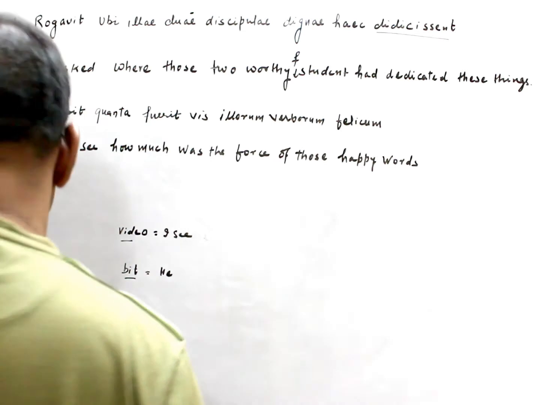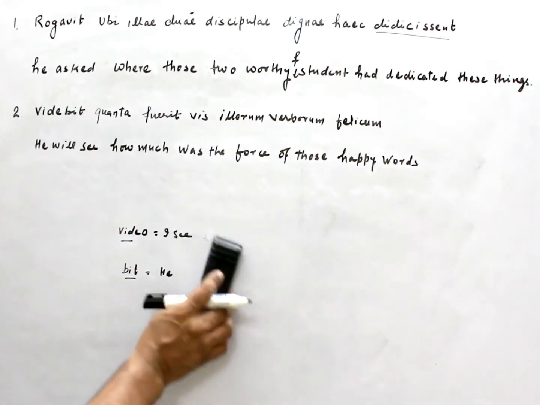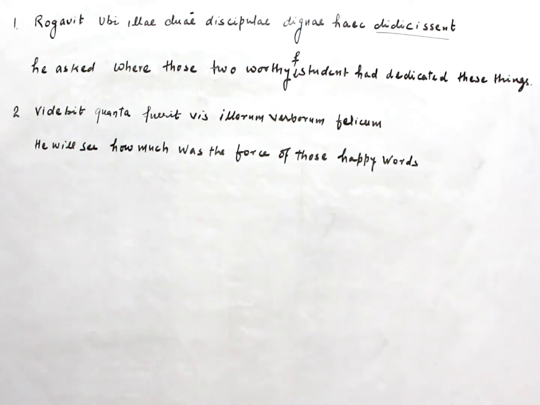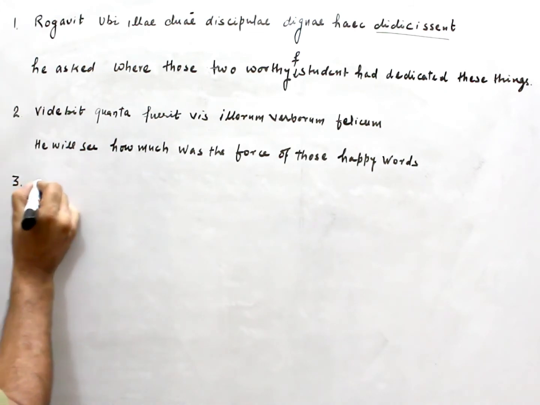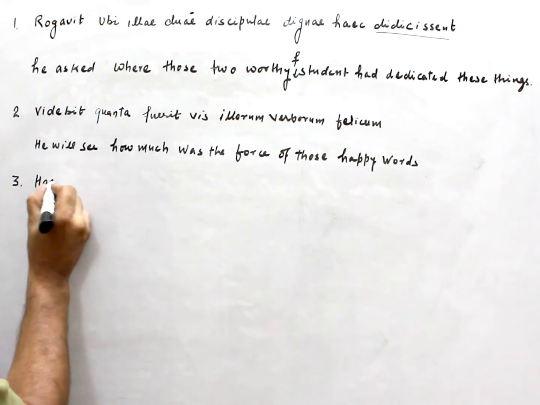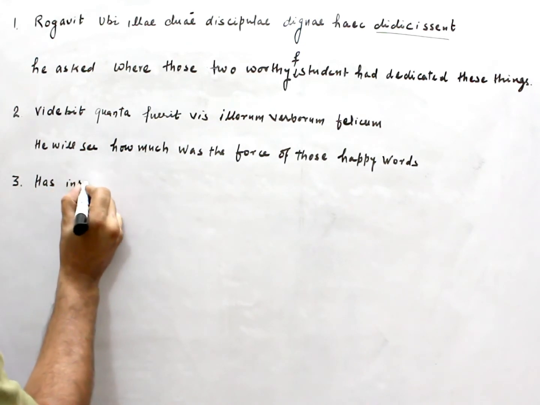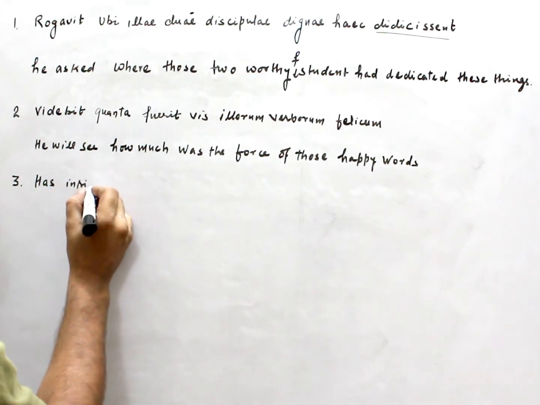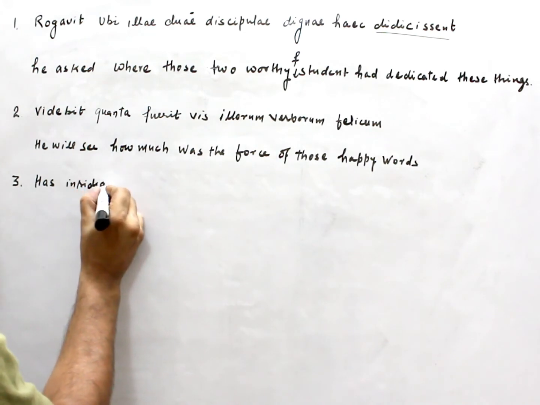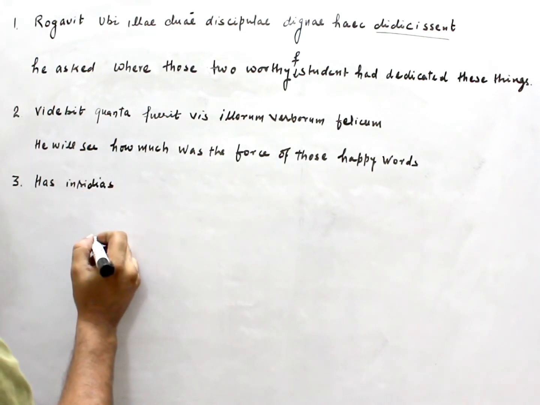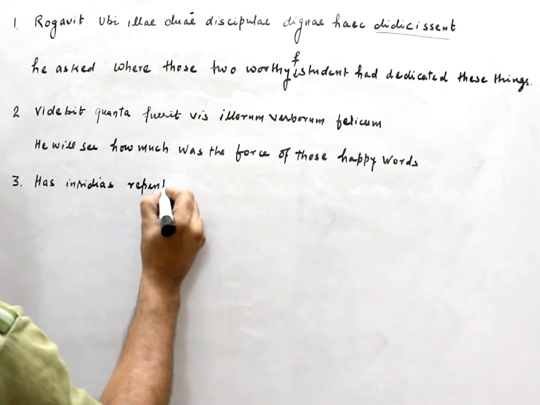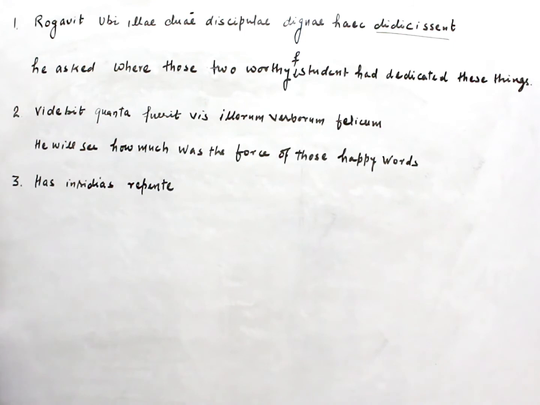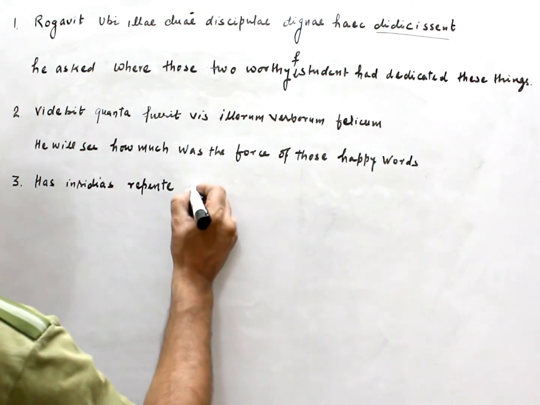Verborum is word. Number 3. Has insidias repente exposuit ne res publica opprimeretur. Repente means suddenly. Exposuit.